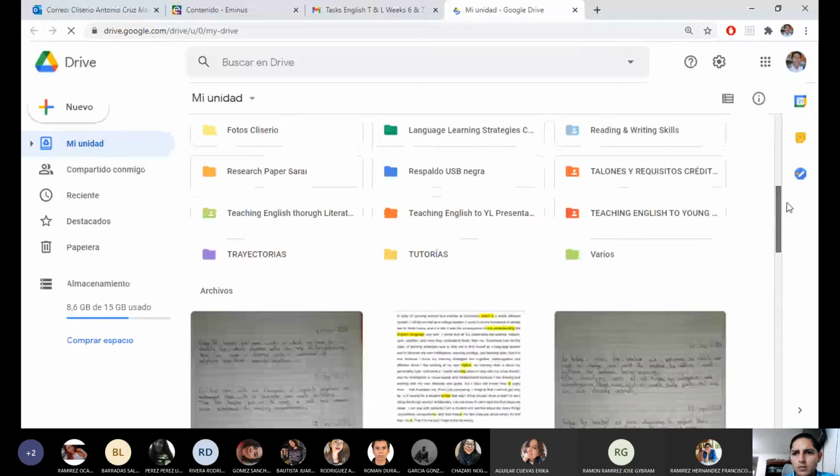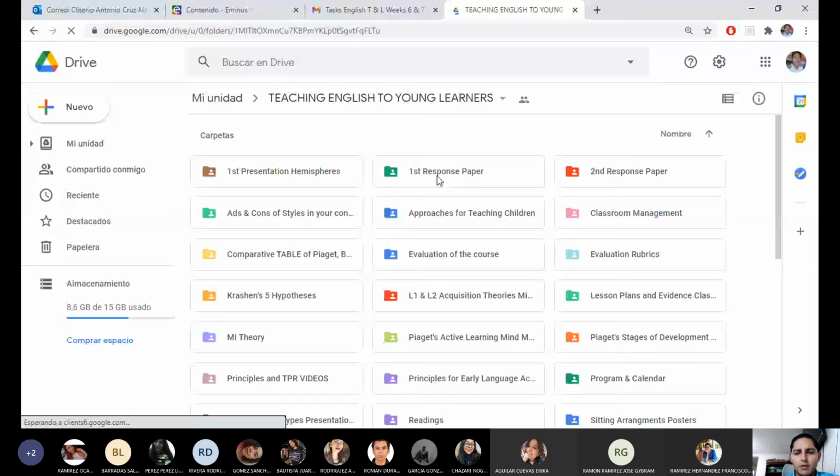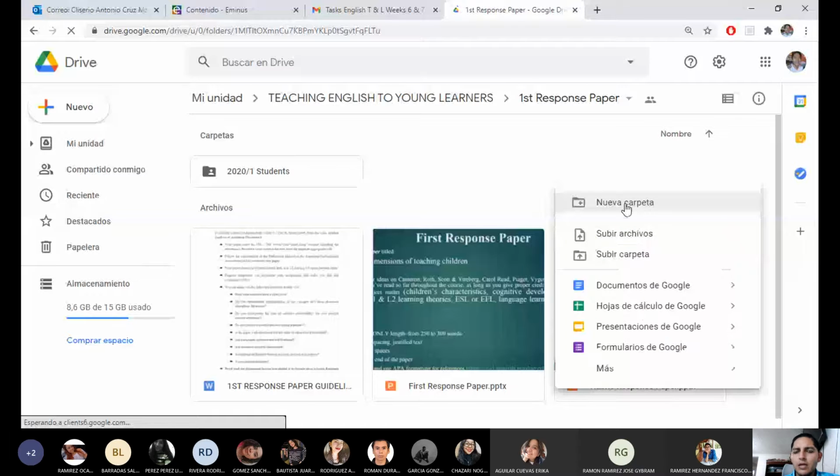It's here. You go to the folder response paper, first response paper. And here you create a new folder. Okay, you create a new folder with your name and you place your response paper there.